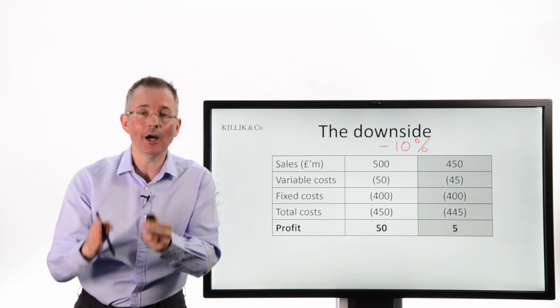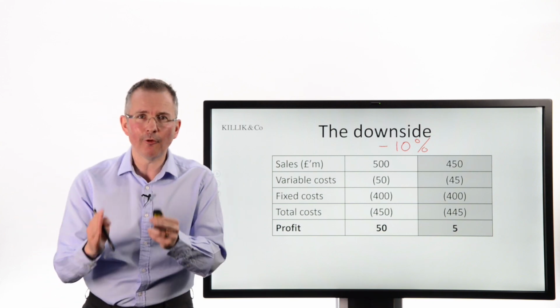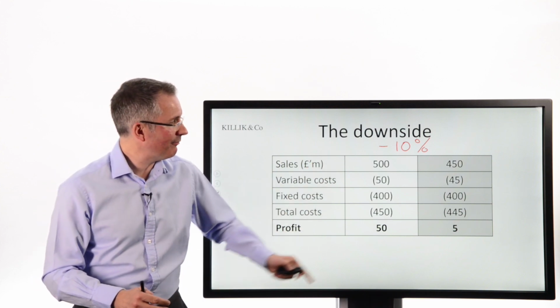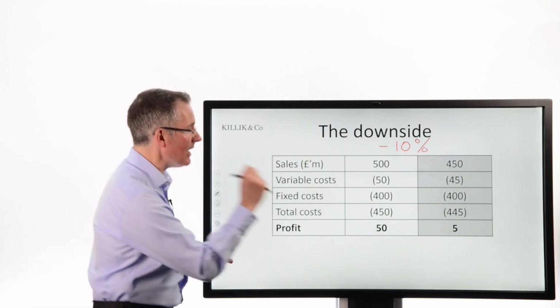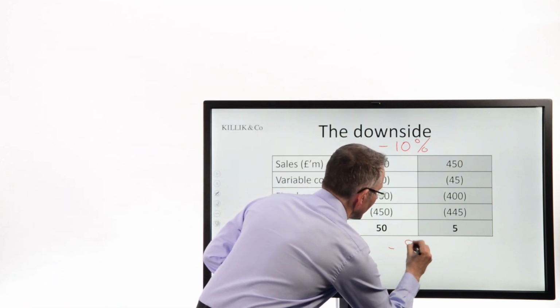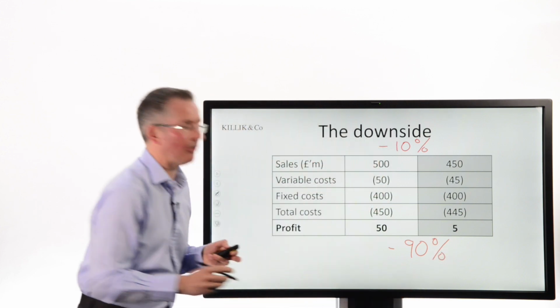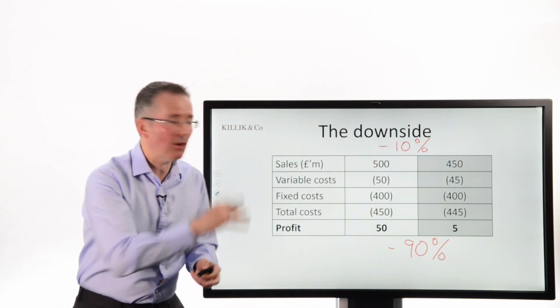Those are the costs we incur regardless of sales, remember. Total costs therefore 445, profit 450 minus 445, just 5 million. So this time a 10% decrease in sales has triggered a 90% fall in bottom line profits, and that's pretty dramatic. If that keeps up, we're going to be making losses soon.